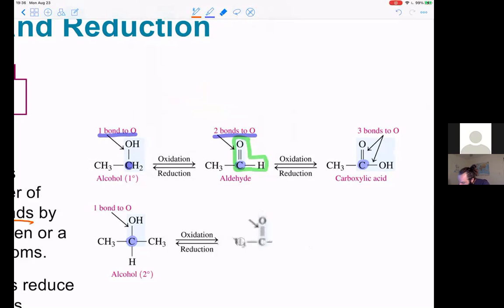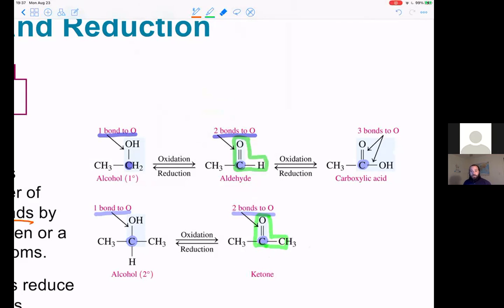So again, I'm going to create a carbon-oxygen double bond, right? So I'm going from 1 to 2 on that same carbon. This functional group where I have an oxygen double bound to a carbon, but now that's bound to another carbon, not a hydrogen, this is what's called a ketone.